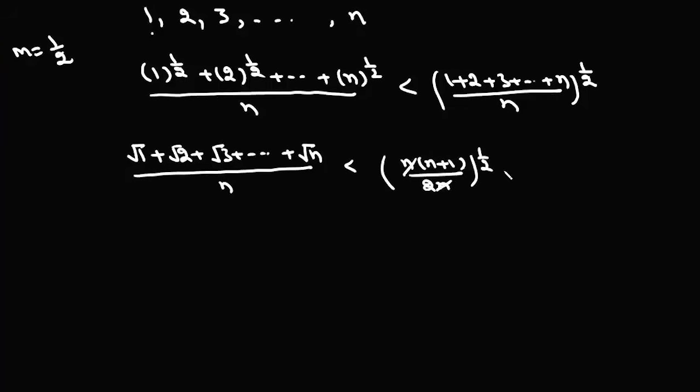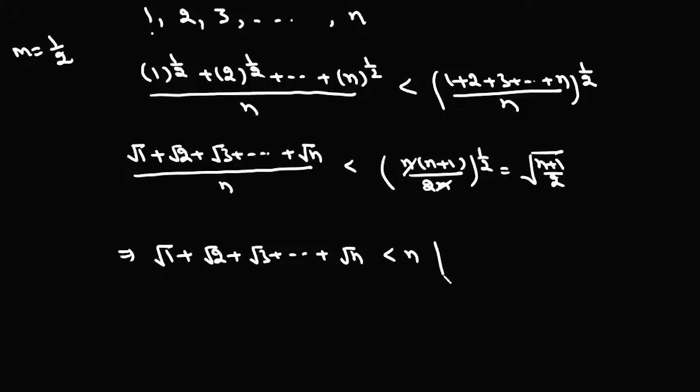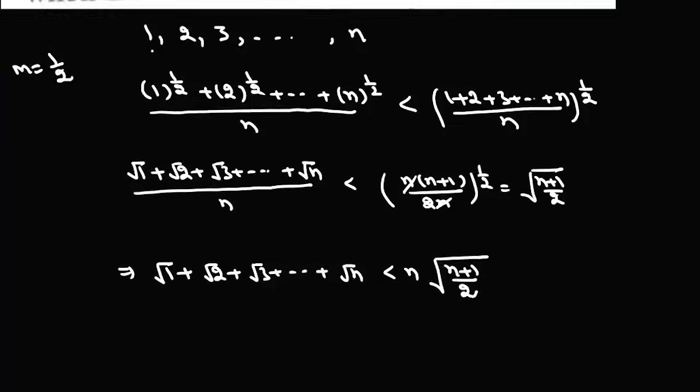Now this n and n will cancel, so it will be √((n + 1)/2). Now if we rearrange, we can write this as √1 + √2 + √3 up to √n will be less than n into √((n + 1)/2), which is what we need to prove in this question.